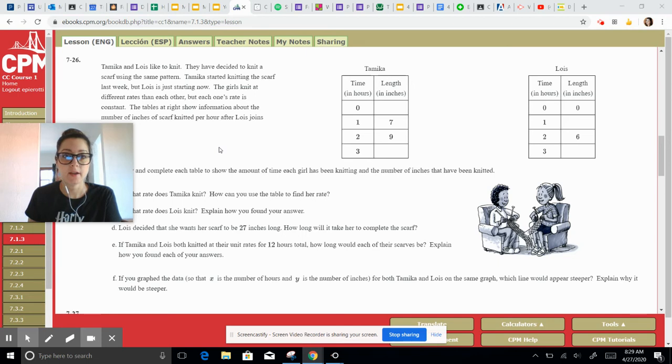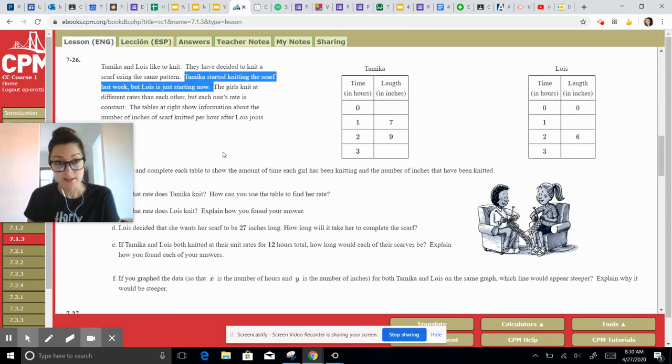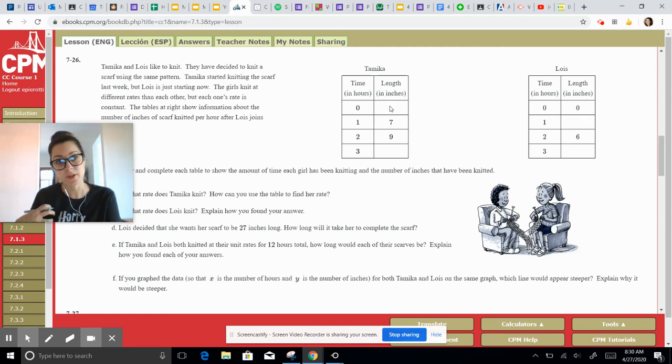The important information to see here is that Tamika started knitting the scarf last week, but Lois is just starting now. So that means that Tamika has a head start on Lois. So when you're first looking at this table, Tamika's amount is not going to be 0 here because these tables are started after Lois joined her.